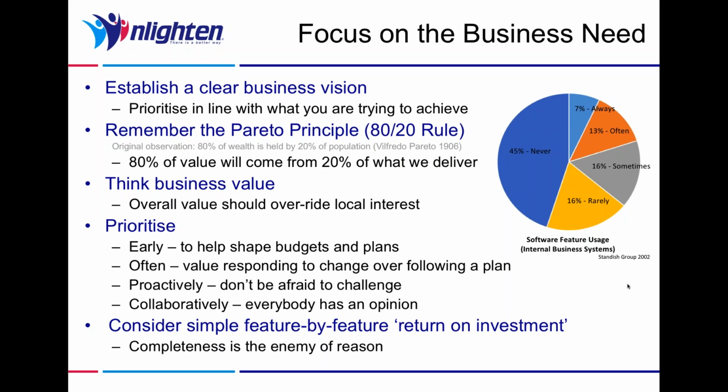We prioritize often to make sure that we're able to respond to changes in the project environment, in the business, in the market that our business operates in. Thirdly, we need to prioritize proactively.